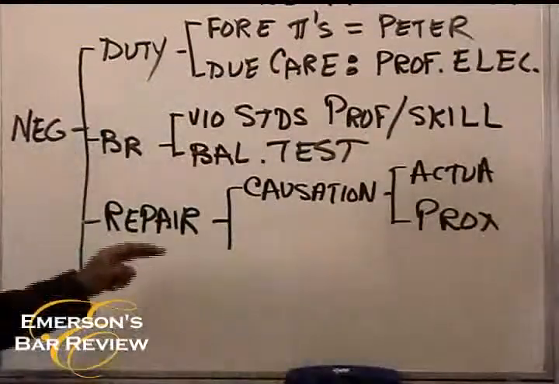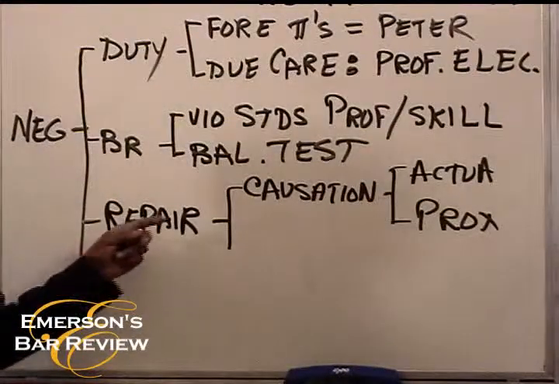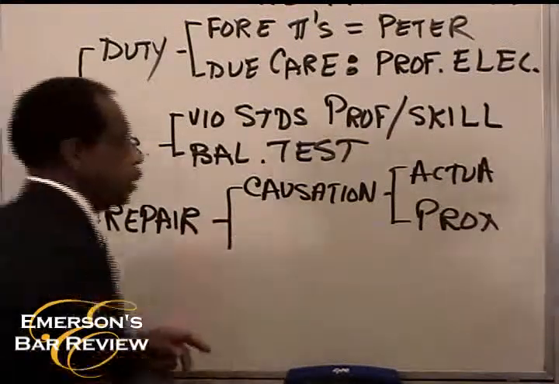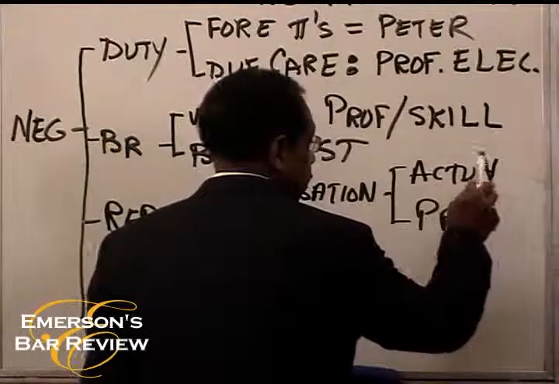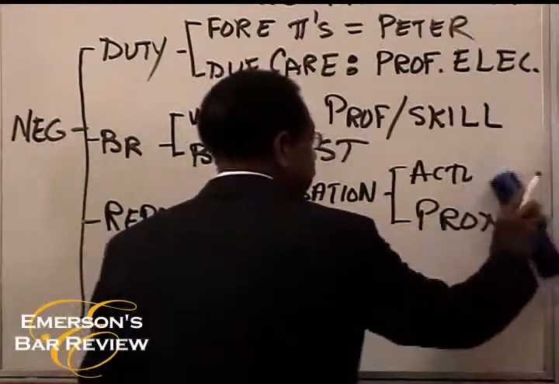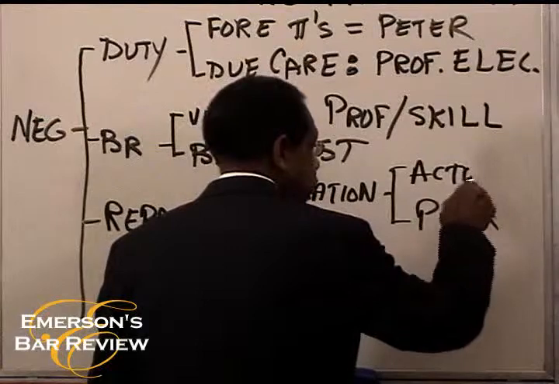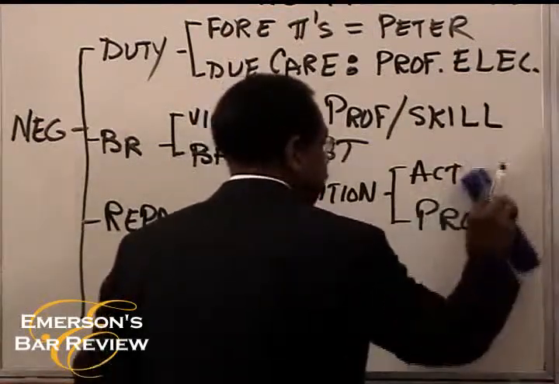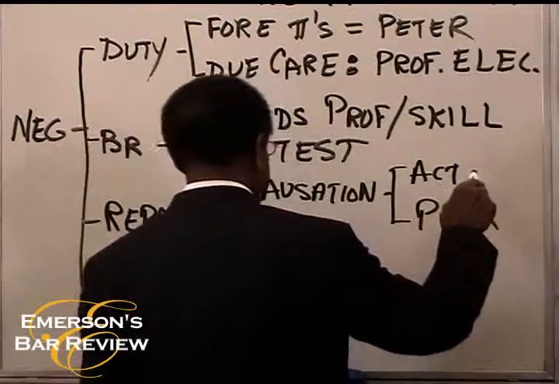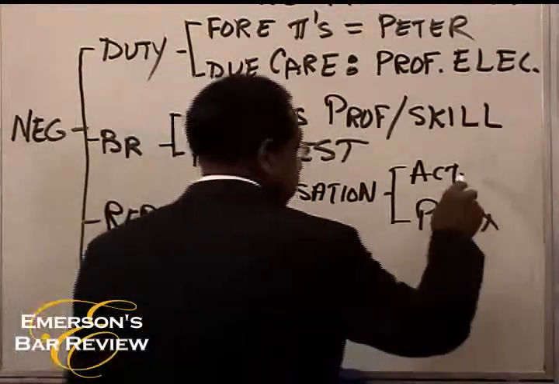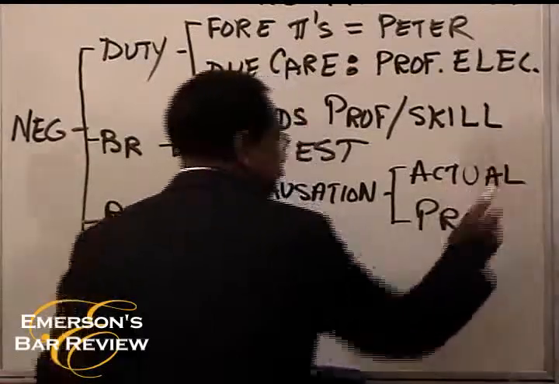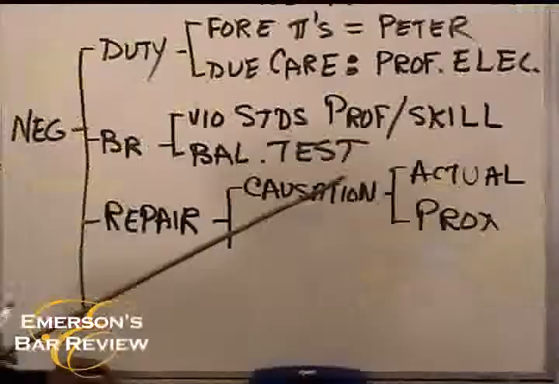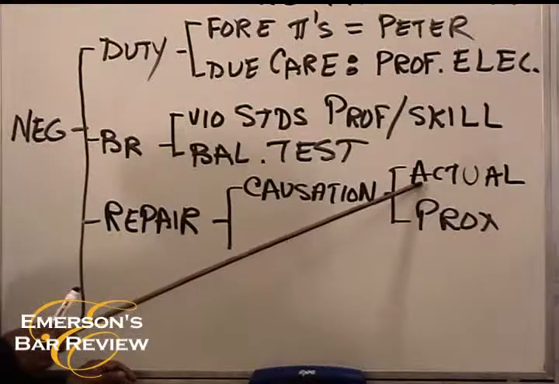Well, in the case of the computer repair, they told us that the surges caused the computer damage. So they told us that the surges in the computers were the actual cause of the harm.